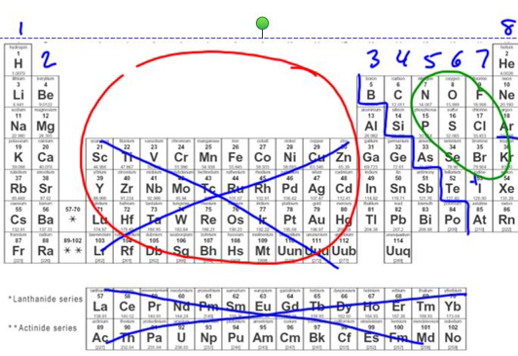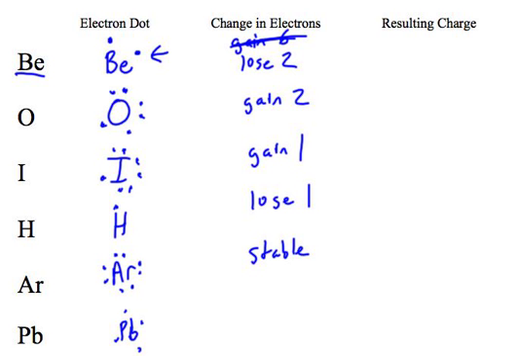It turns out metals usually like to lose electrons because they don't have a lot, and non-metals usually like to gain them. So looking at Pb's location, it's on the side of the metals. So it's more likely, if it's going to do this bond, that it's going to lose the electrons. So going back, I'm going to say, okay, Pb is probably going to lose 4.